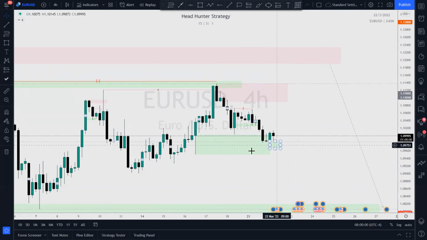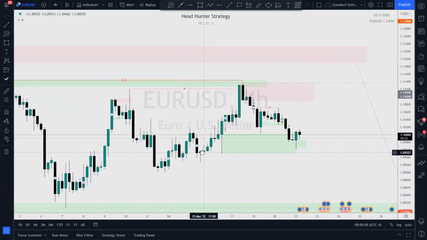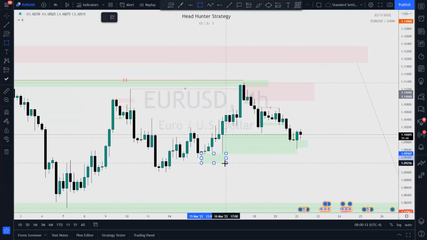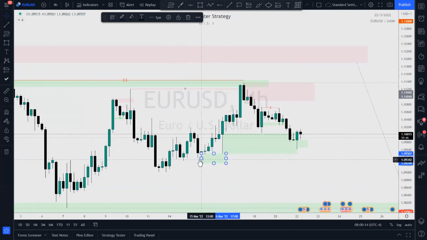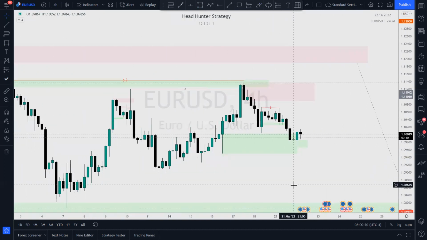When you start to see a chain of demand being formed, you could form it retroactively. You can come all the way back down here. You can see there's a chain here, and that gives you an idea of what the order flow is.